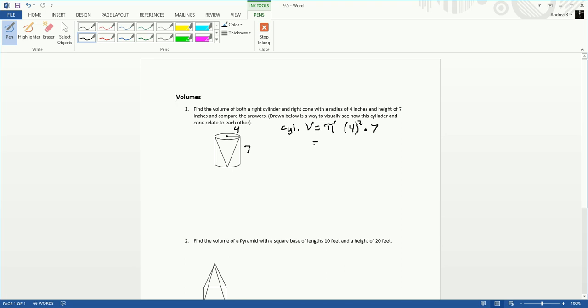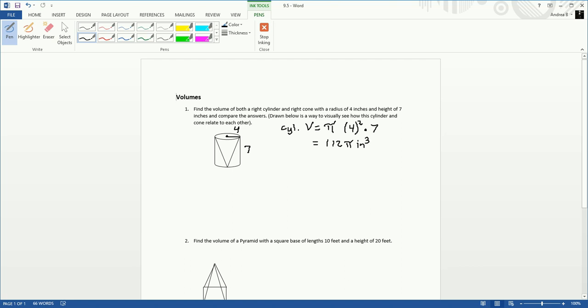So for our cylinder, if we write it in terms of pi, we do 4 squared, which is 16, times the 7, and we get 112 pi. Our units would be inches to the 3rd power, or cubic inches, since we're finding volume.